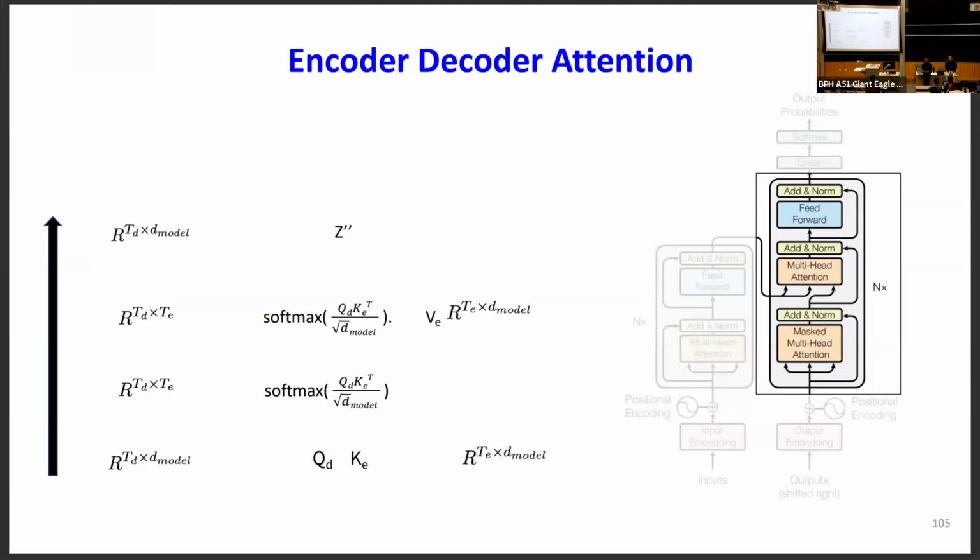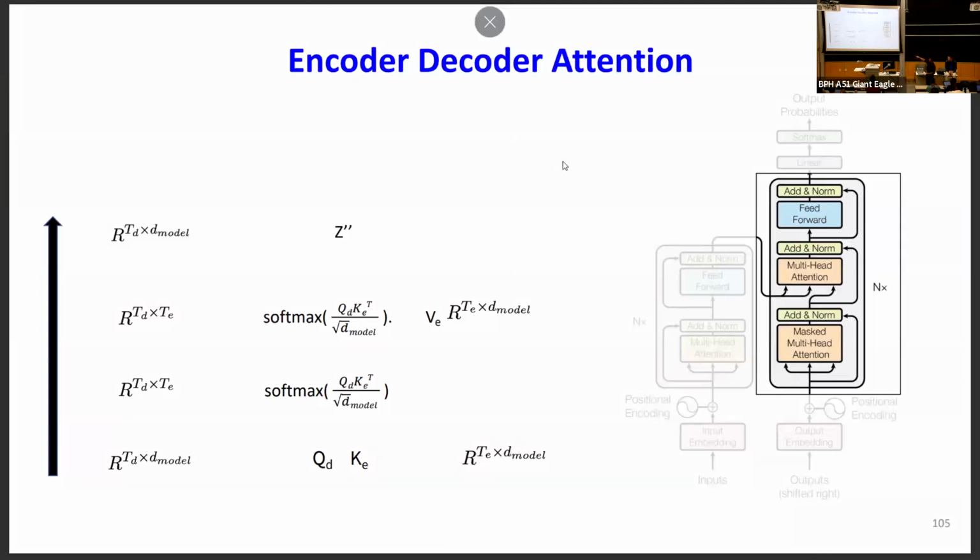Okay, any other questions? Are the key and value sliced from the encoder output? No, the entire output goes into each of the decoder blocks. There's no slicing of sorts. The dimensionality of the query, key, and value is d_model. So your query dimensions are TD times d, and the key dimensions are TE times d.